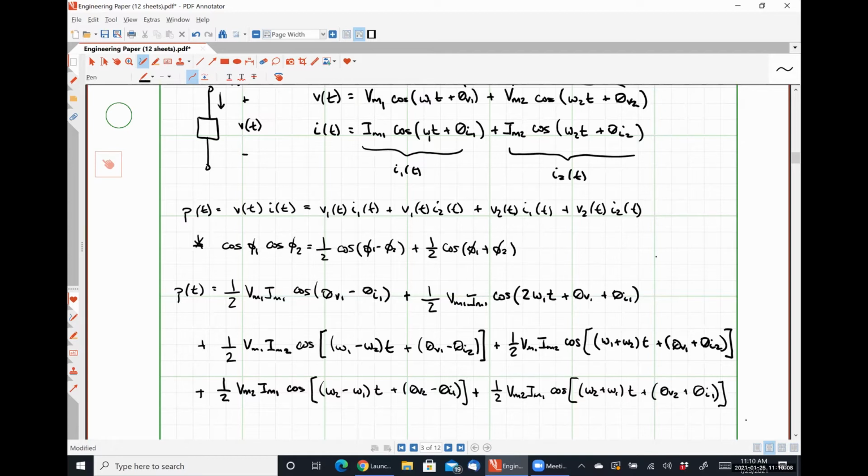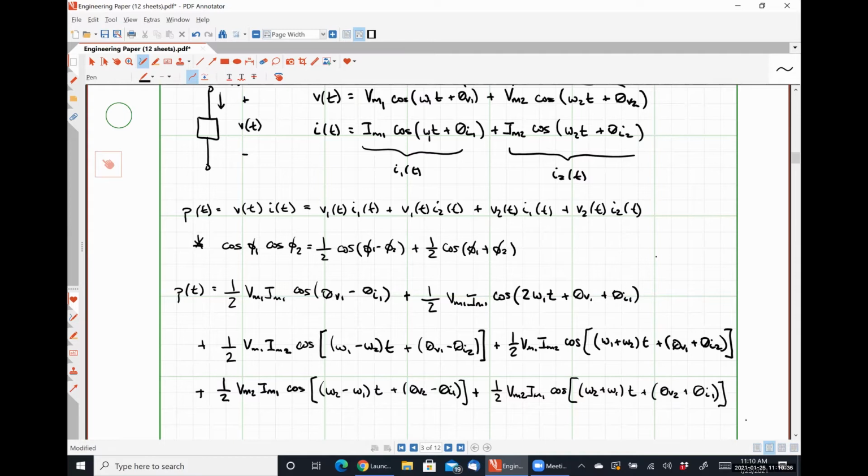But what about the left-hand portion of the first term? We have one that's oscillating at omega 1 minus omega 2 times t, and the other one that's oscillating at omega 2 minus omega 1 times t. These are actually oscillating at the same frequency as well, because the cosine of x is the same as the cosine of negative x.